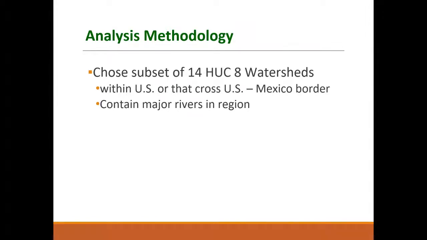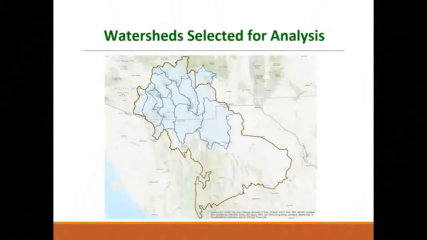So just to show you, the larger brown boundary is the whole Madrean Watersheds region, and this blue area up top is where we actually did this first spatial analysis. So we chose all the watersheds that at least crossed into Mexico to try to represent that area too.